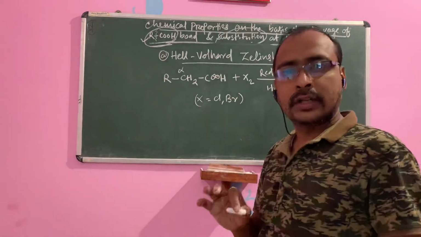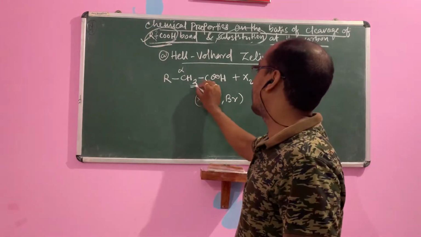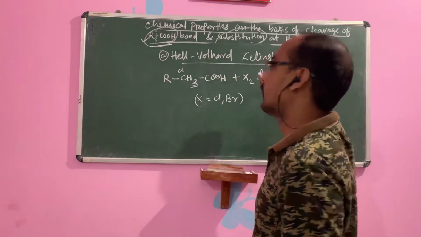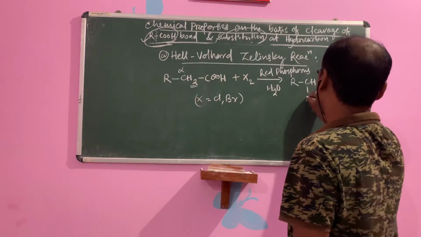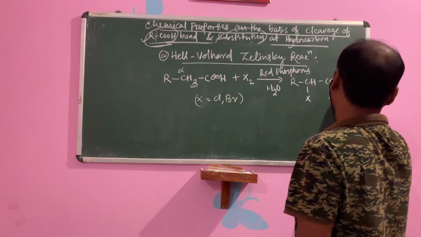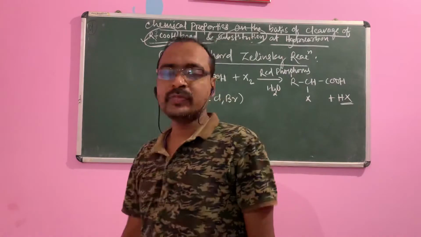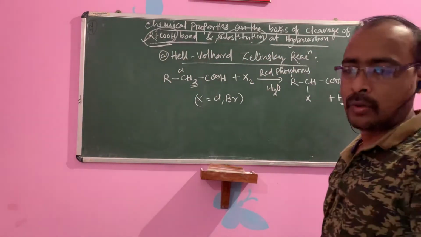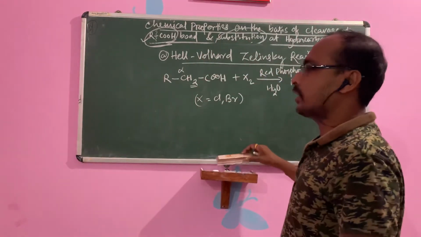The carbon atom next to the functional group is known as alpha, having two alpha hydrogens. One will be replaced: X is added and HX will be removed. So the product is RCHXCOOH, and the byproduct is HX. This is the Hell-Volhard-Zelinsky reaction.